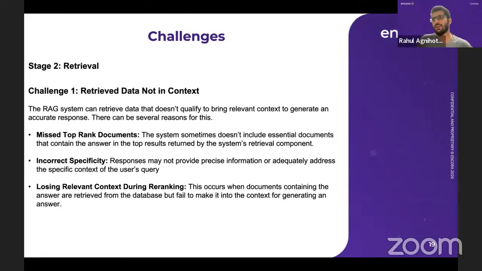Your retrieved data is not in the context. What is the context? Context depends on your query. So the query is your context. A person is looking for an answer, and that's a context. You take this query and try to find out. Let's say there are 100 different embeddings, and based on the query, you want to fetch out 10.